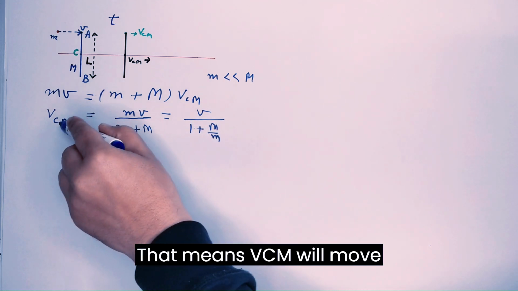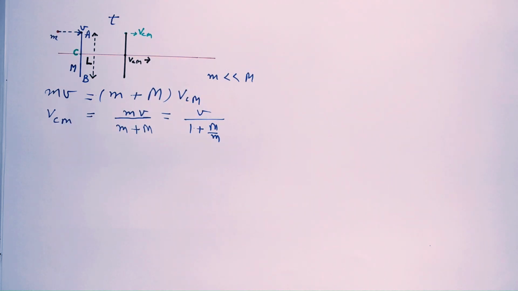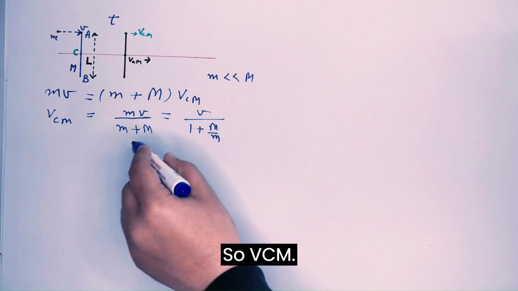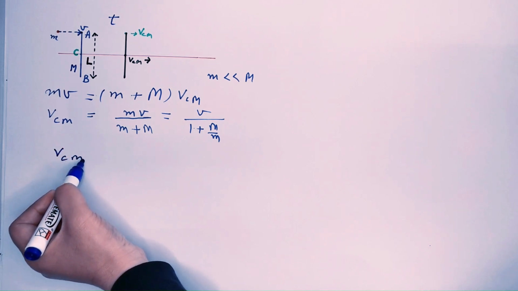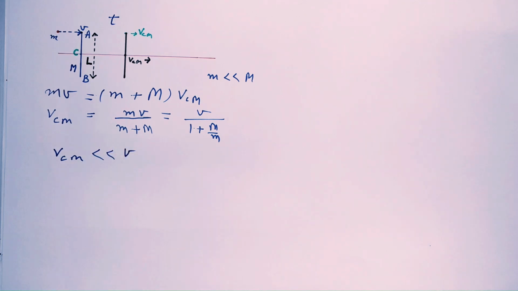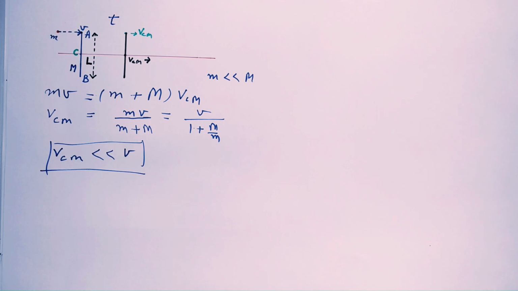That means VCM will be very slow. That is very intuitive, that makes sense. So VCM is very less than V.